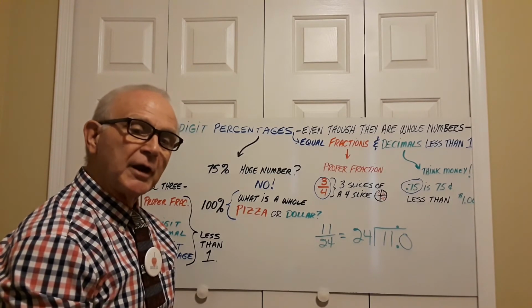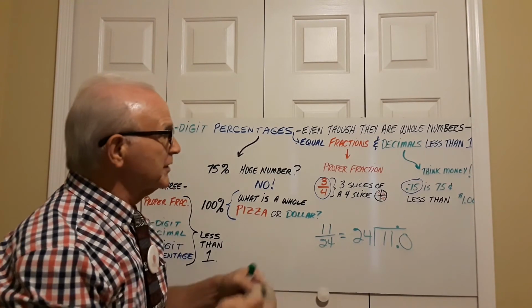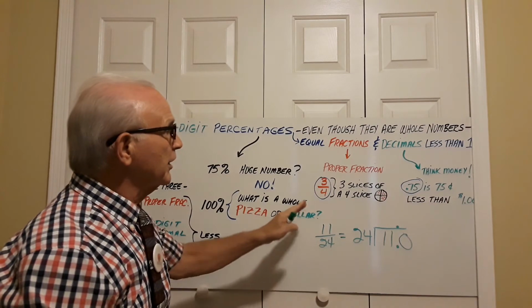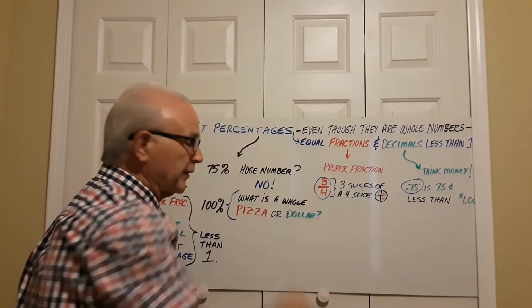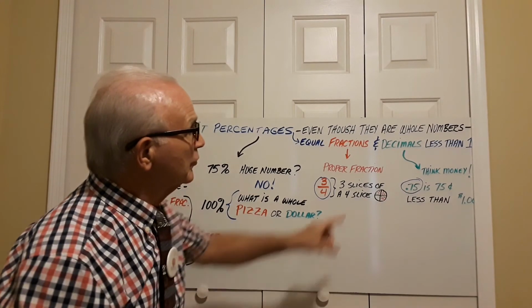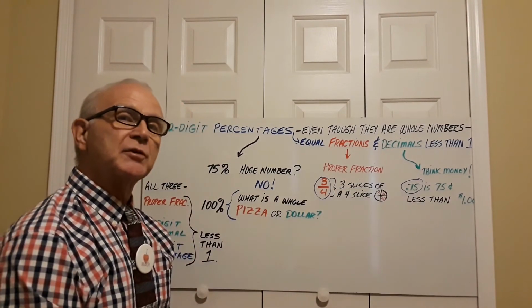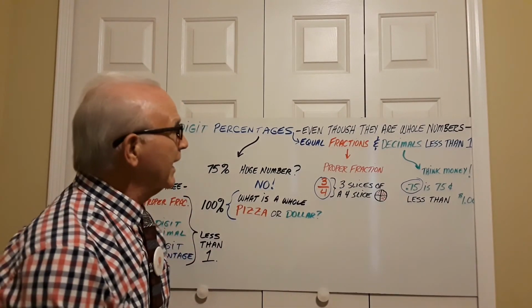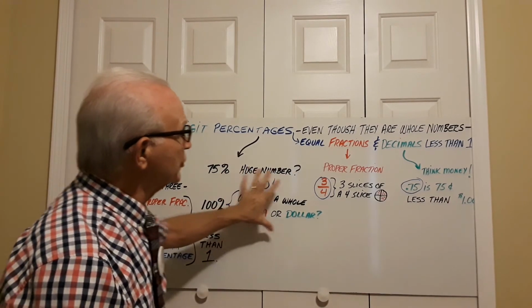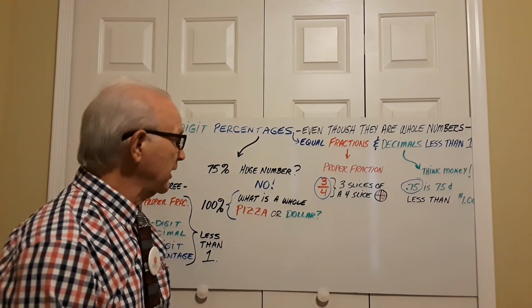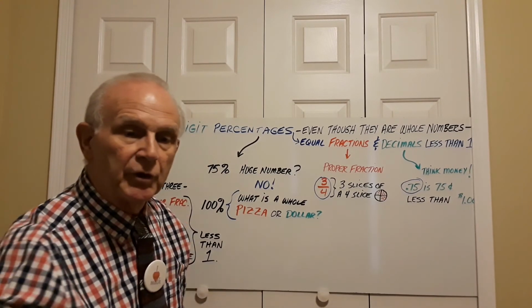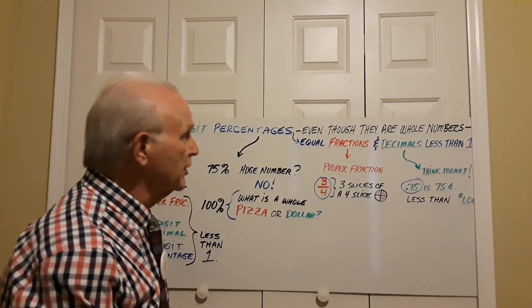Okay? And that's why these are easy to understand when we use common fractions. We don't have to get fancy like that one, and we only use 2 digits past the decimal point. So now, how do we include percentage into this relationship that we understand between fractions and decimals? How are we going to use percentages?